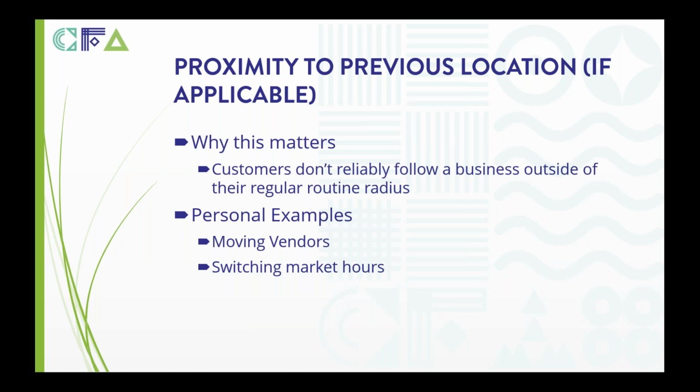I put up signs every 30 feet for 6 weeks prior that said, market is moving. The July 4th hours of the market will be 9 to 1. And I still got complaints from people who said that they didn't know and were really upset to find out that the market wasn't open during those hours.